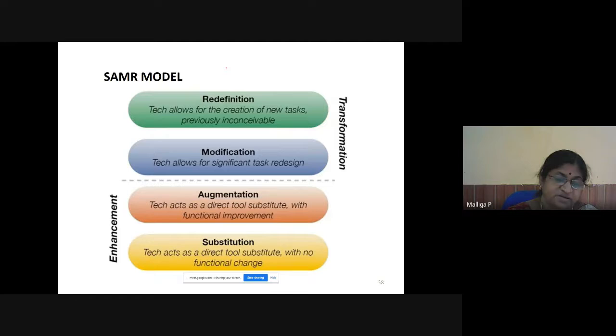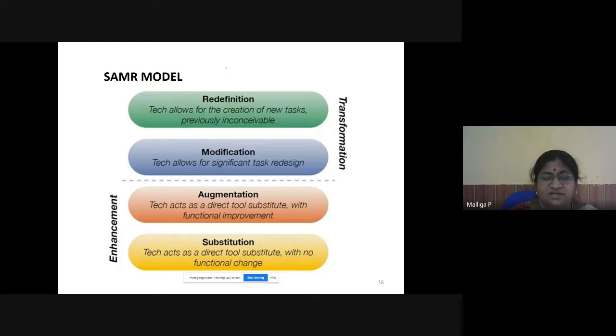But when you are using some functions like, let us say, Word or Open Office or whatever it is, it has some functional improvement. The spell check is there, grammar check is there, you can cut, paste, copy, many things are there. So that is augmenting. It is not mere substitution, it is just an enhancement.